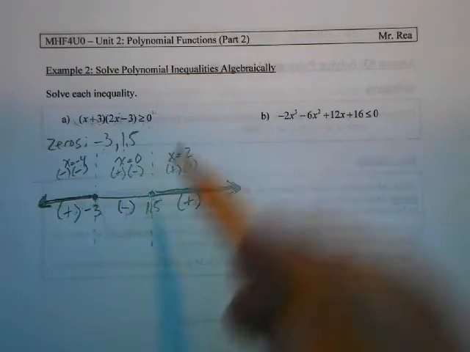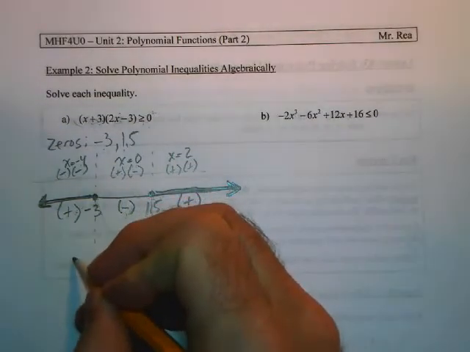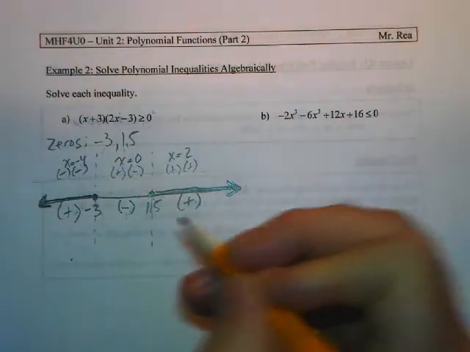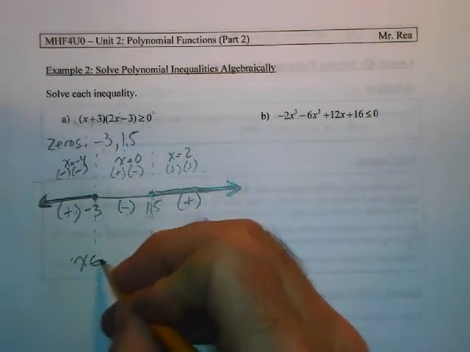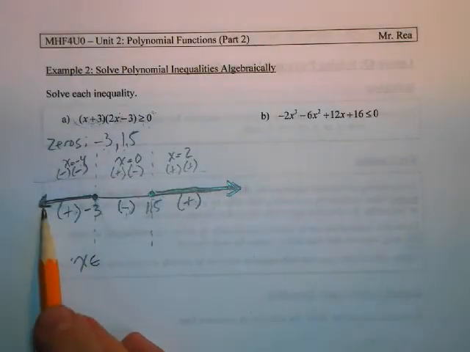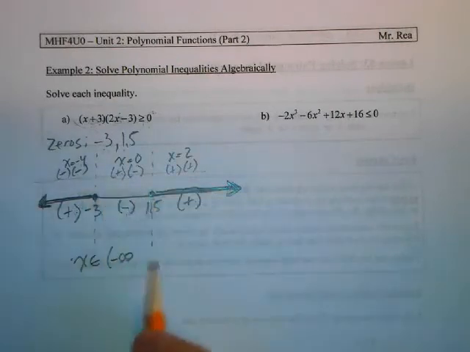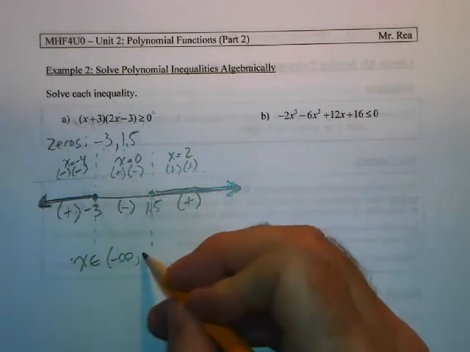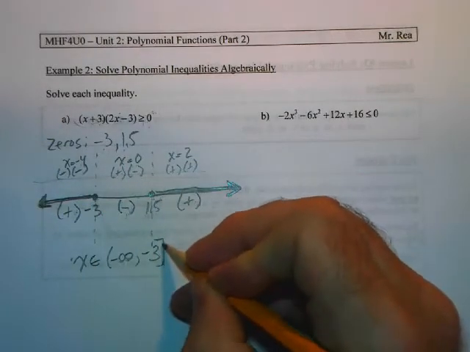Okay, so now I can take my shaded areas and turn that into interval notation. So my interval will be x is an element of, so the first interval goes from negative infinity, which we always start with a round bracket, and it ends at -3, and it includes -3, so that means square bracket.